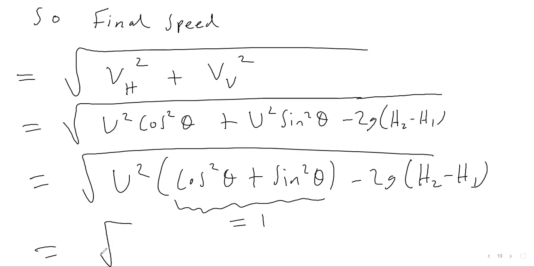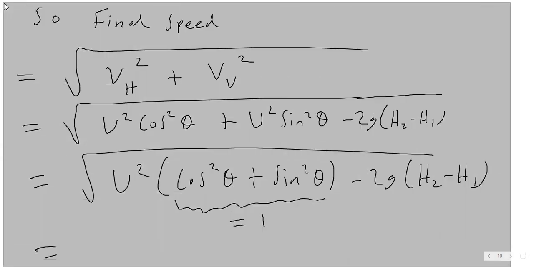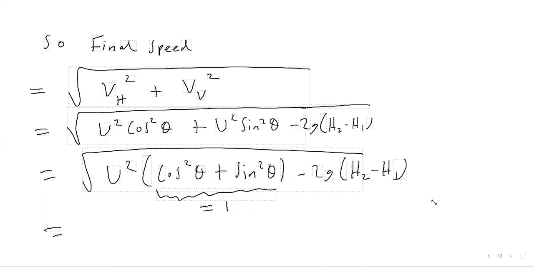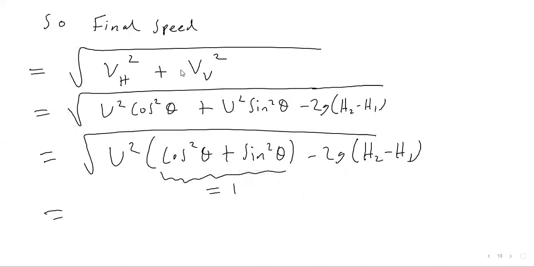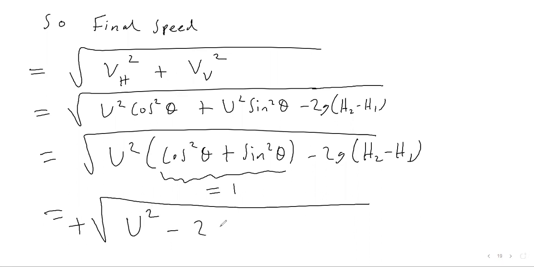So your final speed is going to be the positive square root, because speed is a scalar, a positive number. So it's the positive square root of u squared minus 2g(h2 minus h1). That's going to be our final speed.